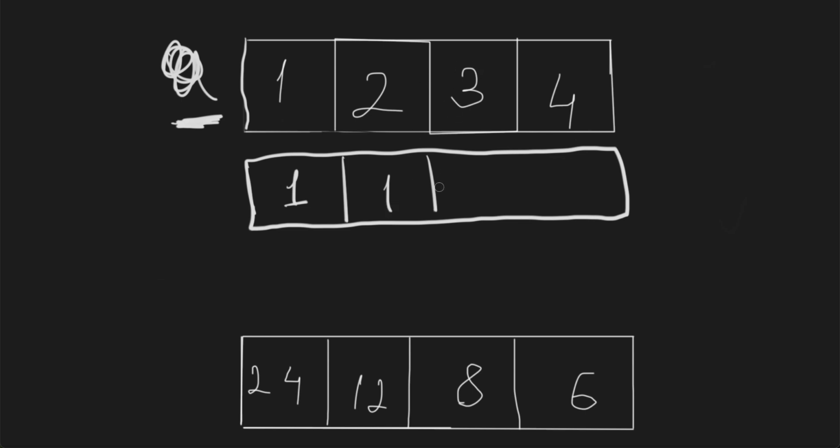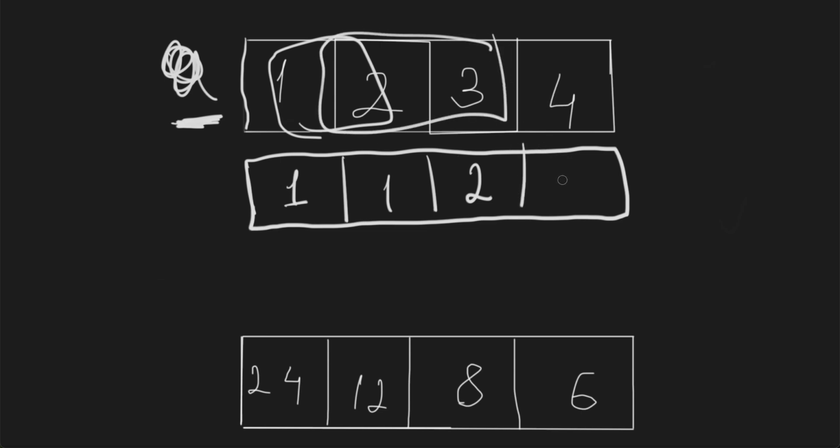For 3, we get all of the previous multiplications here, and that's 2. And for 4, it's all of the previous numbers multiplied, and it's 6.